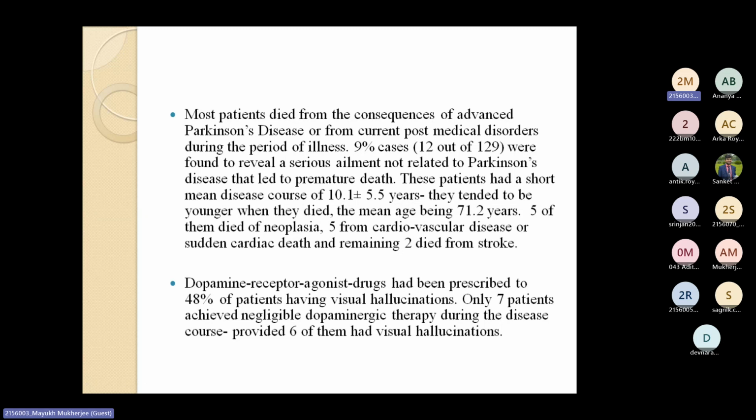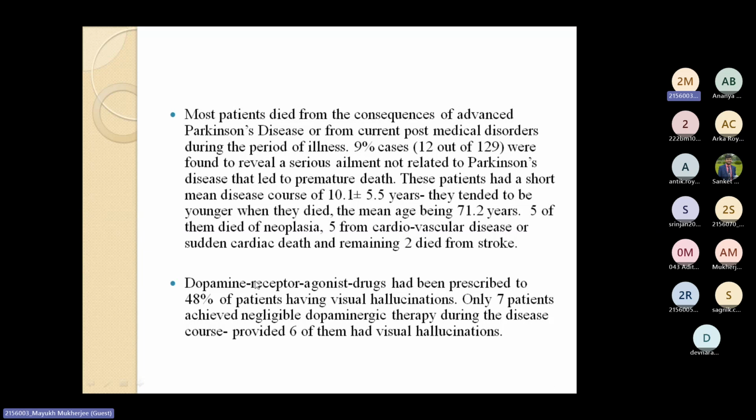They tended to be younger when they died, the mean age being 71.2 years, which is approximately 71 years. 5 of them died of neoplasia, 5 from cardiovascular disease, sudden cardiac death, etc., and the remaining 2 died from stroke.